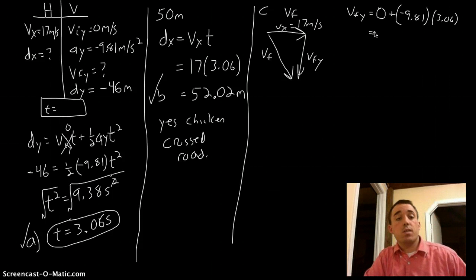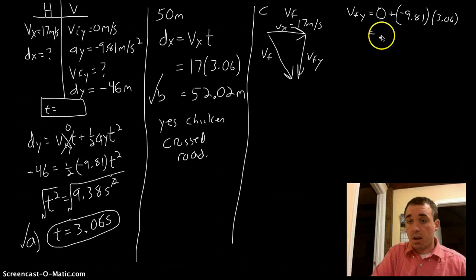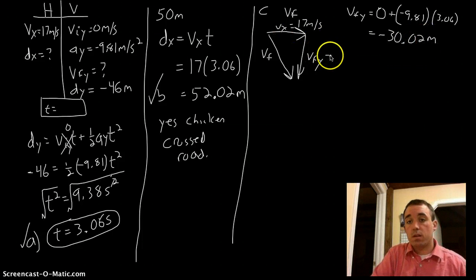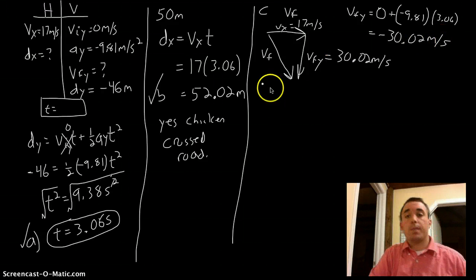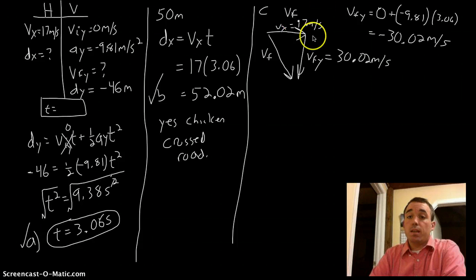We could have also done this using VF squared equals VI squared plus 2AD, which would get you the same result of negative 30.02 meters per second. And that allows me to fill in the triangle.